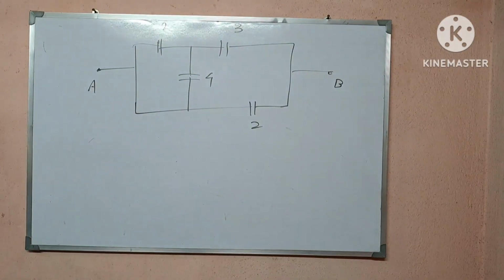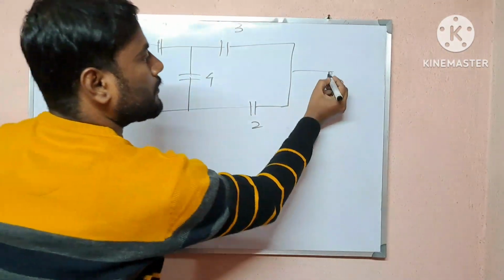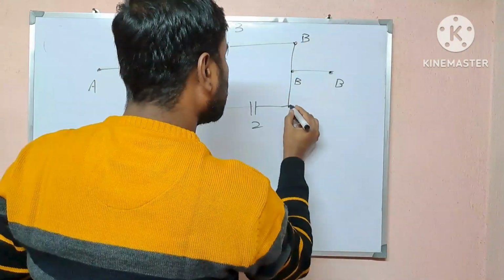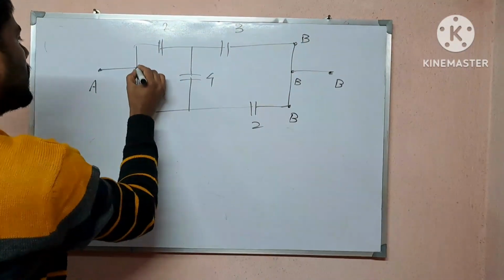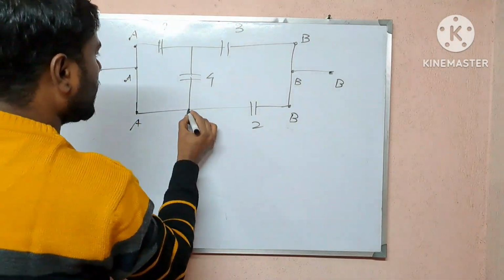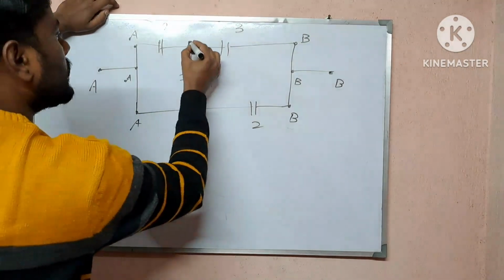We have to find the equivalent capacitance between the points A and B. So how will we solve it again? That point is B, so it will also be B. This is B, this is B. Now that one is A, so this one will also be A. And this is A, so that point will be different, B.